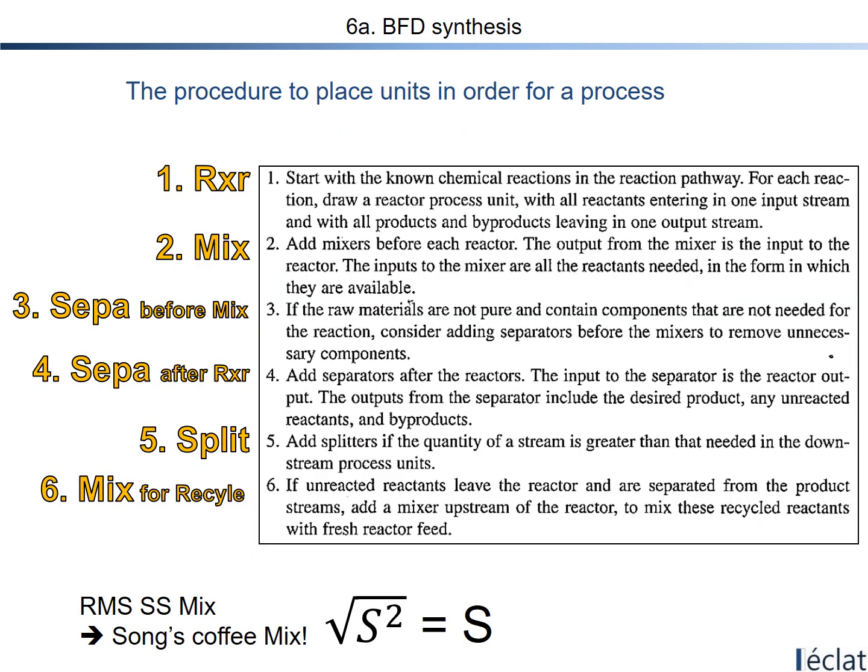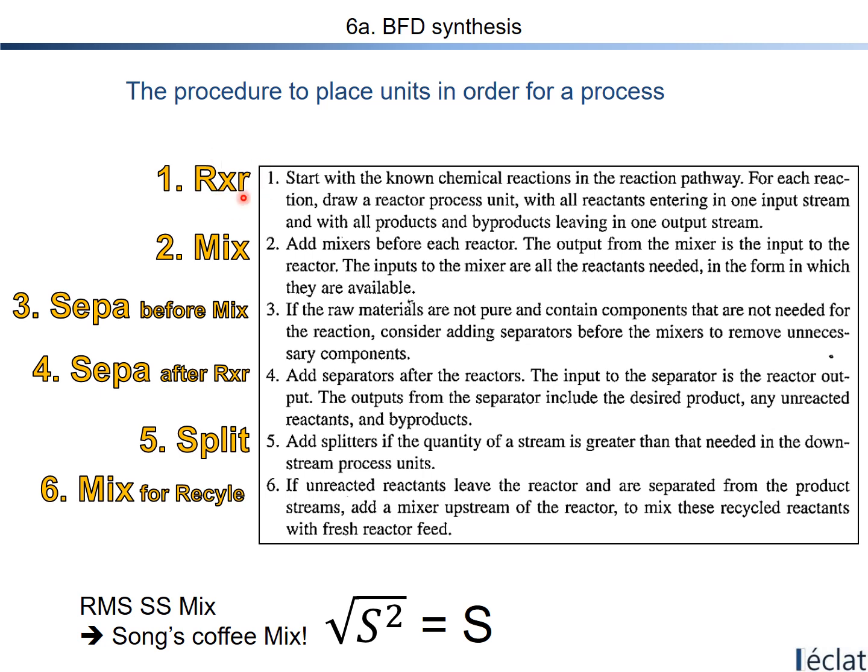You are a chemical engineer, and your boss asked you to synthesize or design a process. So what can you do for making the process? Here is the procedure to place units in order for a process. The starting point is reactor.